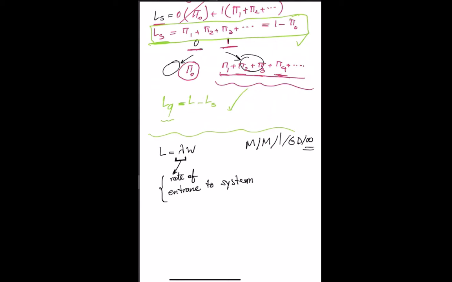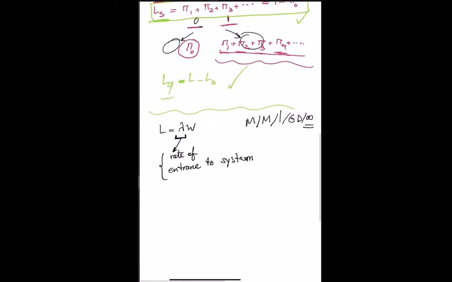So that was okay. However, here, since the system has limited capacity C, not everyone who arrives to the system can enter, right?